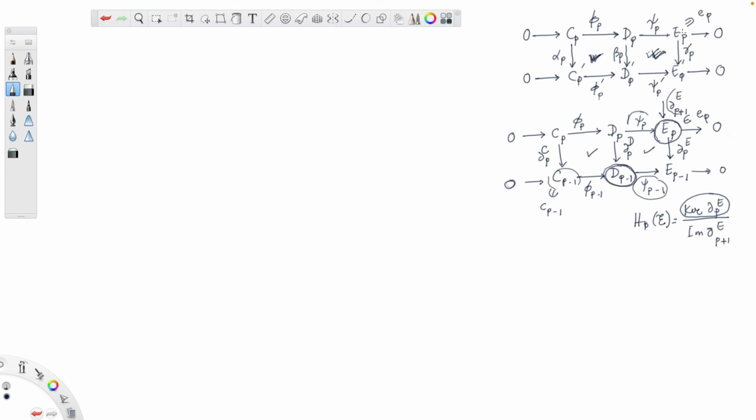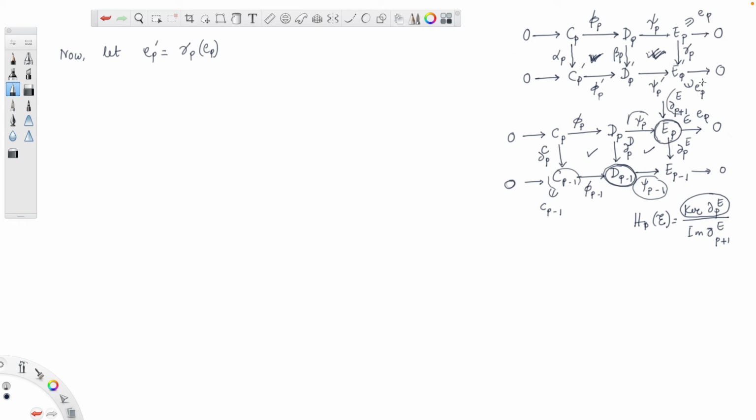The element e_p is in this group E_p. And let e_p' equal gamma_p(e_p). So e_p' is here, right?